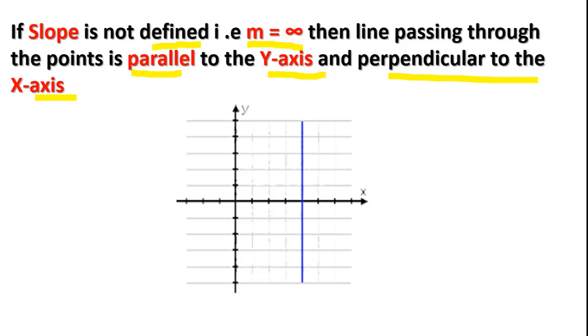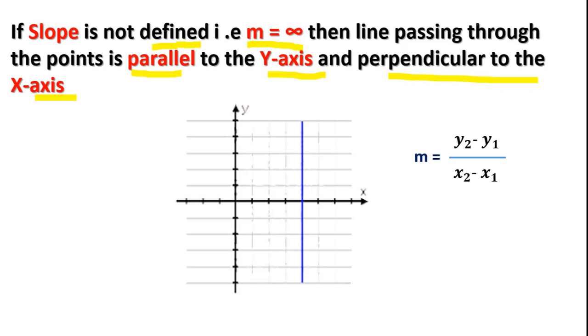There m equal to 0, here m equal to infinity. Here m equal to infinity, then the line passing through the points is parallel to the y-axis. This is the y-axis and this is a line parallel to the y-axis. And automatically when the line is parallel to the y-axis, it is perpendicular to the x-axis.